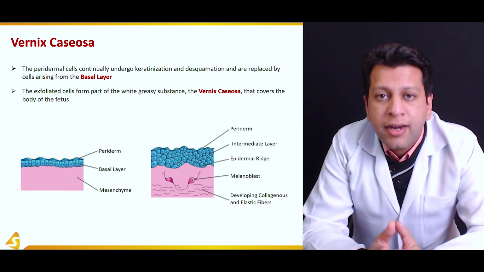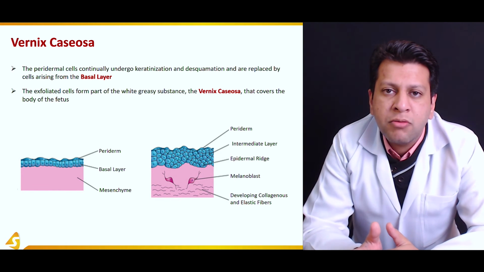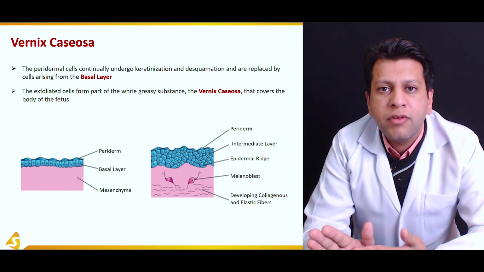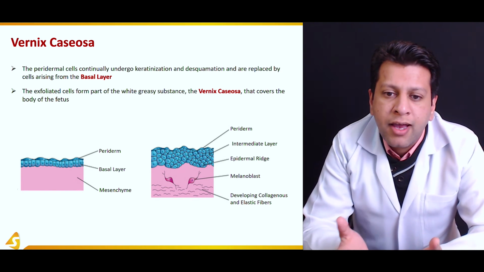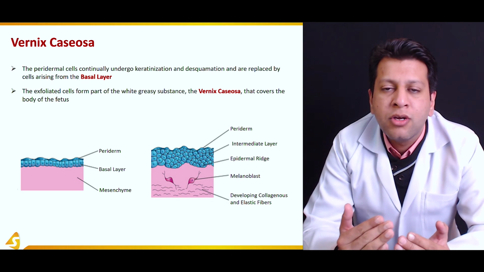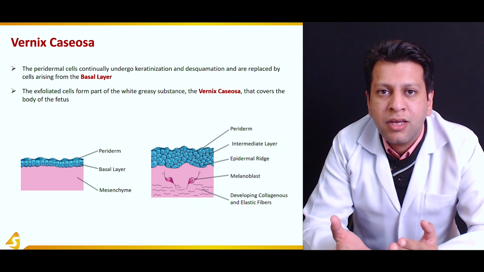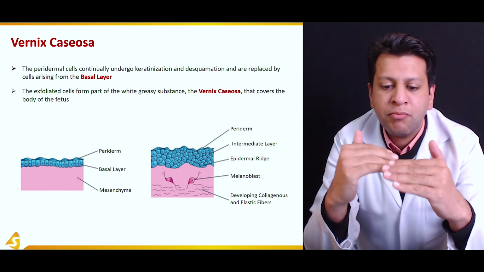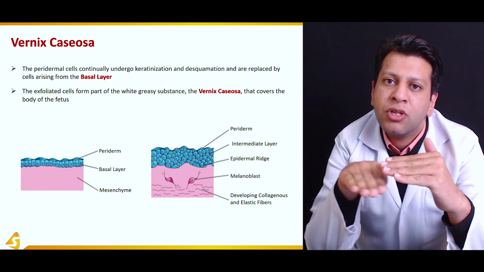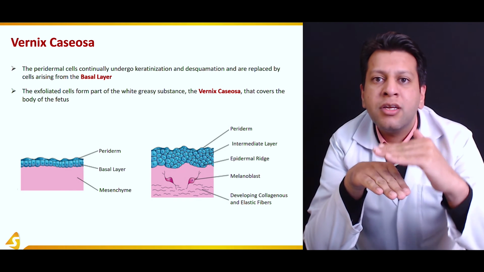As you know, it's a Latin word. Desquamation means to shed off, like the scales of a fish. As this basal layer has formed, now it's dividing and the cells are moving upwards. Actually, the cells don't move upward, but more and more cells are laid down in the lower layer, so they have increased in size.